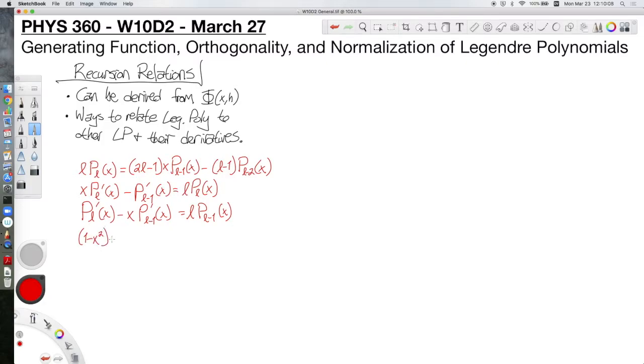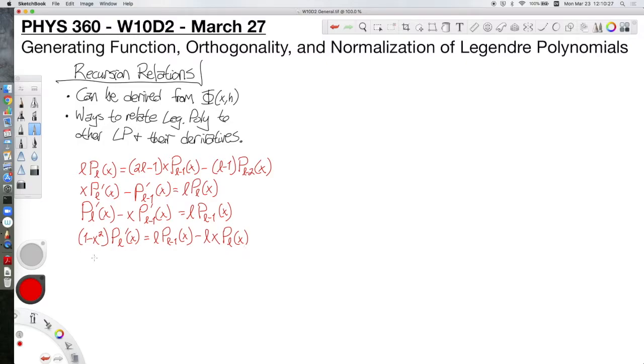Another one, (1 minus x squared) P_L prime of x, meaning the derivative, equals L times P_{L-1} of x minus L times x times P_L of x.